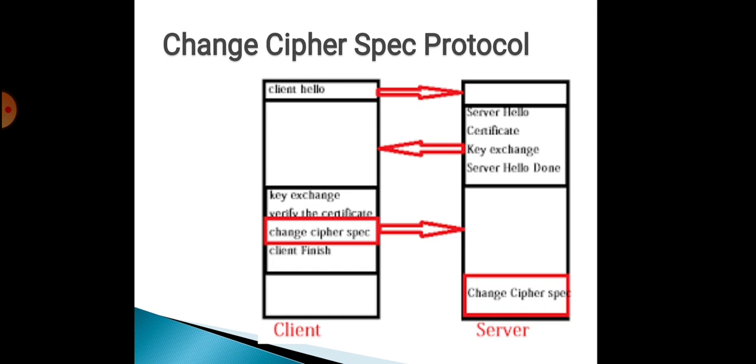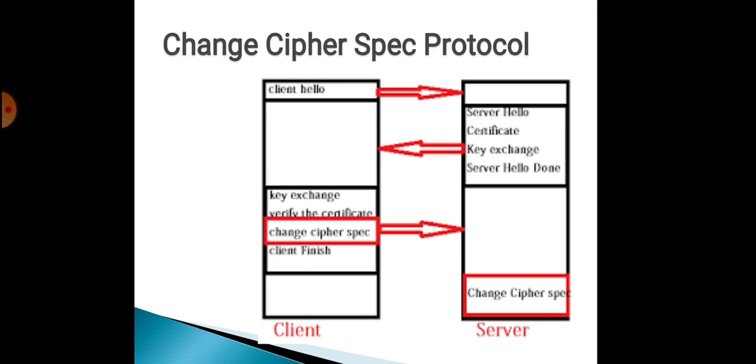The protocol consists of a single message, which is encrypted and compressed under the current cipher spec. The message consists of a single byte of value one. The change cipher specification message is sent by both client and server to notify the receiving party that subsequent records will be protected under the just negotiated cipher spec and keys.